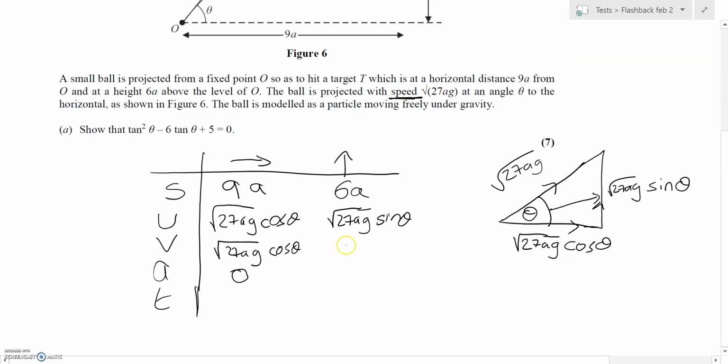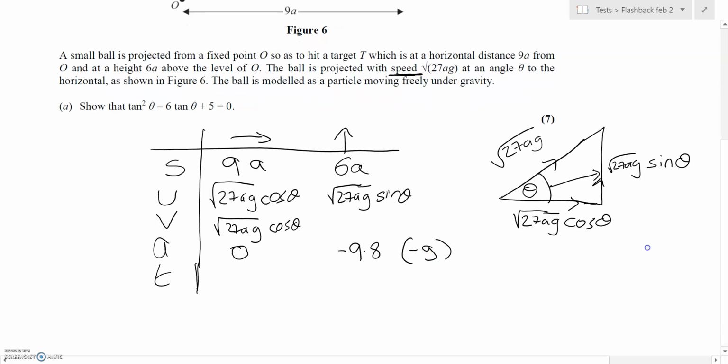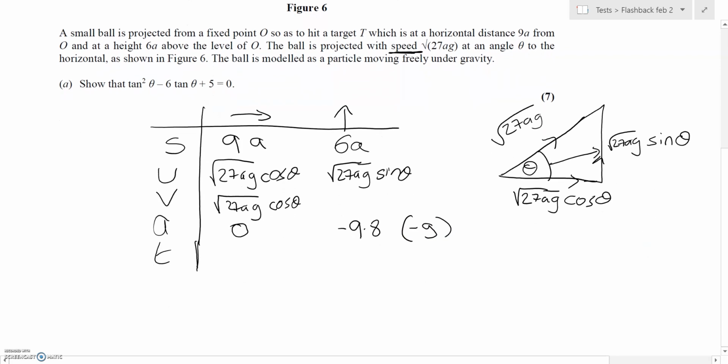And vertical final velocity, we don't know. However, we do know that the acceleration due to gravity is minus 9.8, or in this case I think we might end up using minus g, seeing as our speed is given in terms of g as well. And we don't know t.